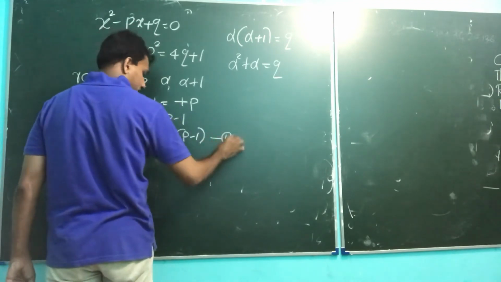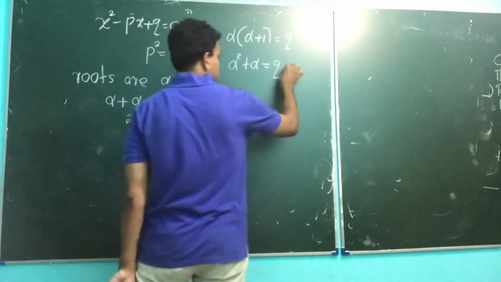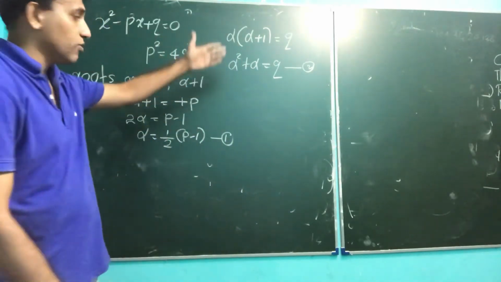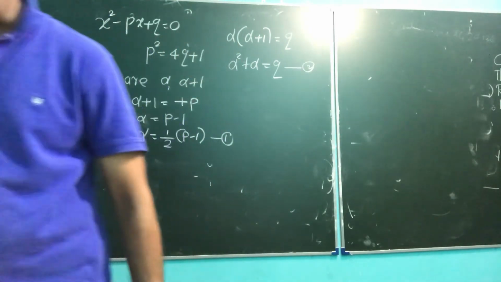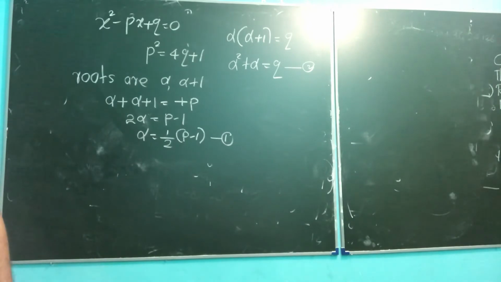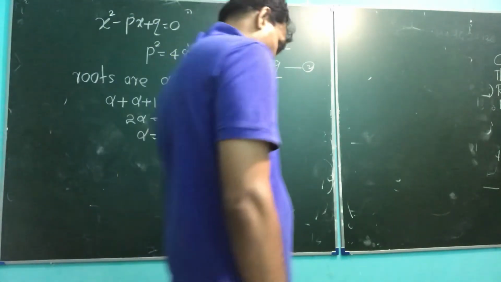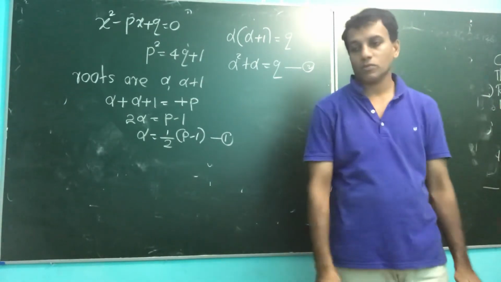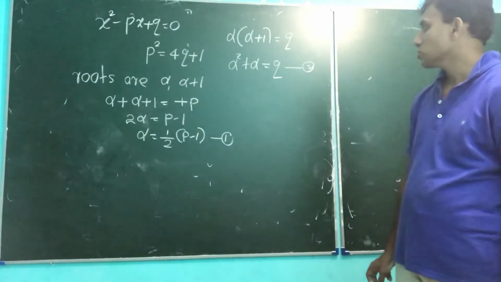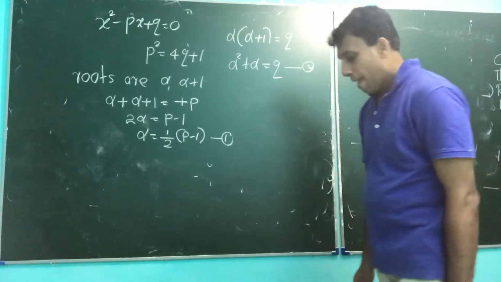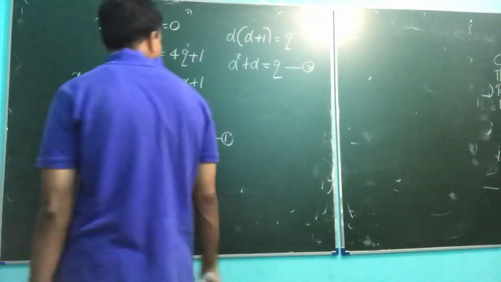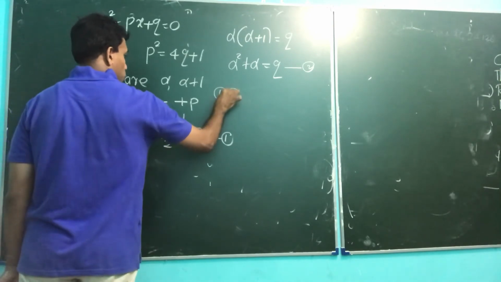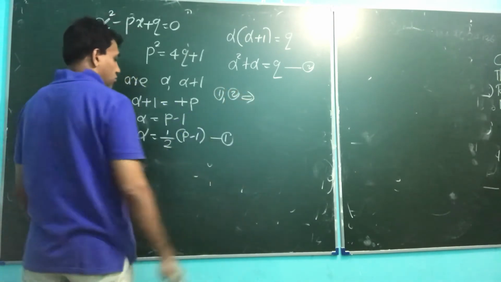If I take the first equation and here the second equation, now connect both, put alpha for that, and get the answer. Substitute alpha for that and get the answer. Connecting 1 and 2 gives you alpha square.